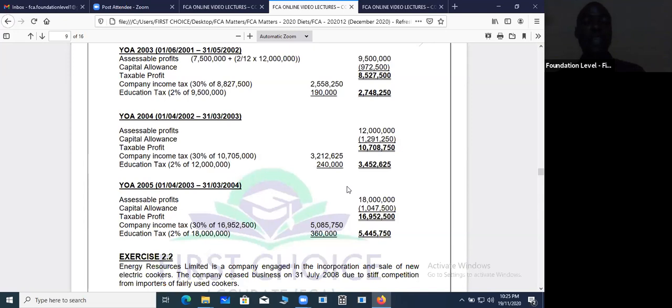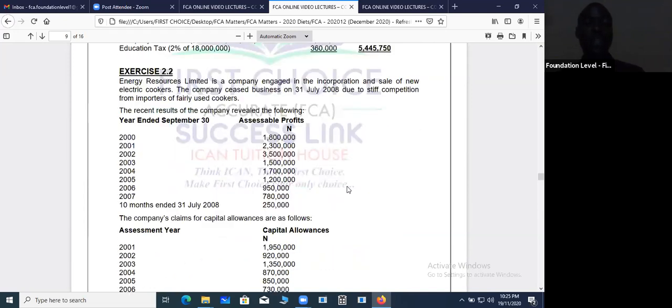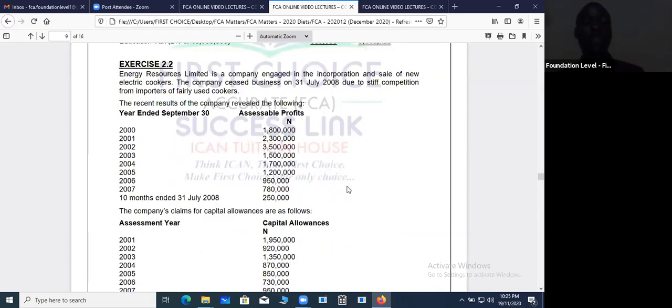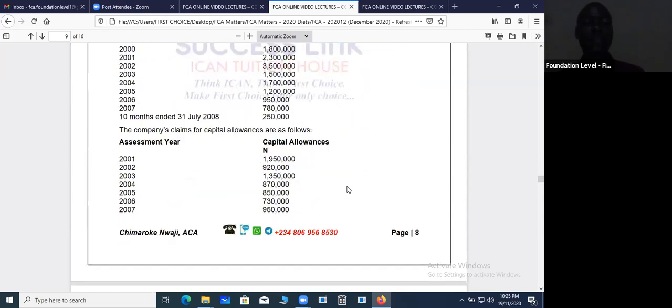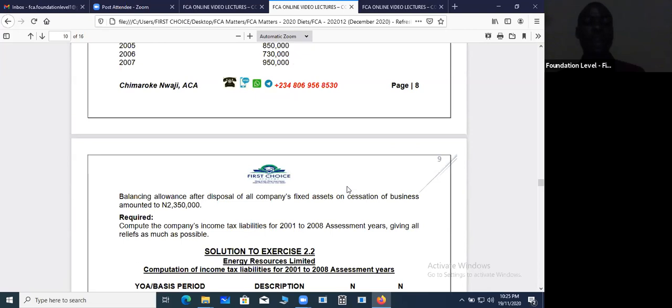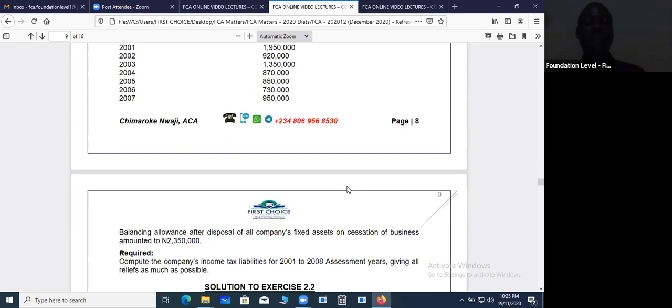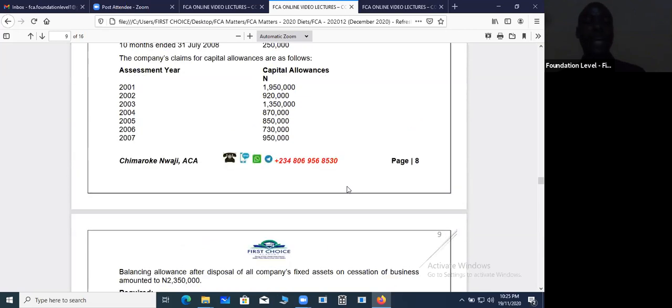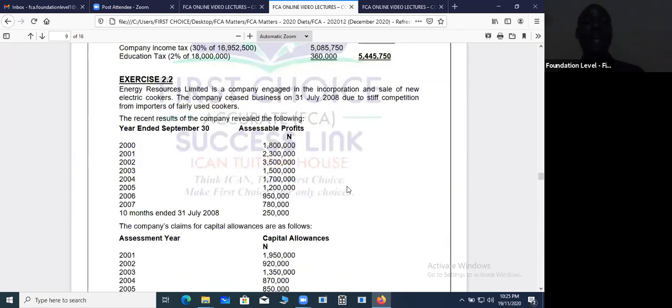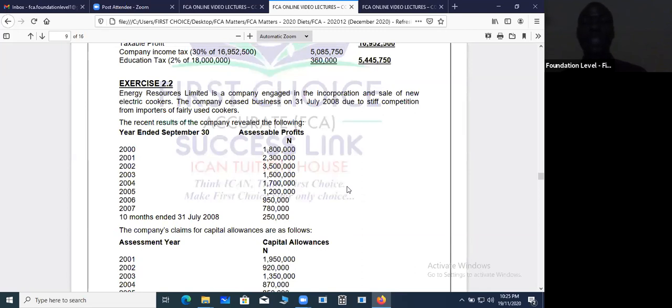In our next class on Saturday, we'll look at question number 2, which is a bit complex. I will show you how you do what they call carry back of capital allowances, how you can carry back capital allowances when you have met a cessation of business.